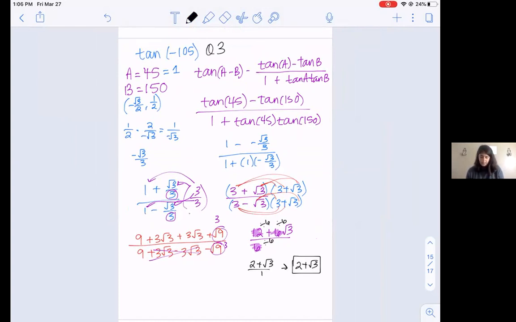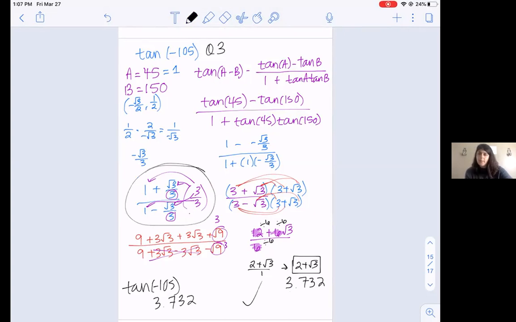If I type in tangent of negative 105 in my calculator, I get 3.732. And if I do 2 plus radical 3, I also get 3.732. So they match up. It's correct, and that is how you do those. They pretty much don't get harder than that step right there.